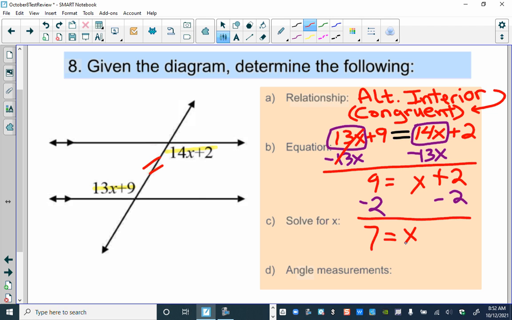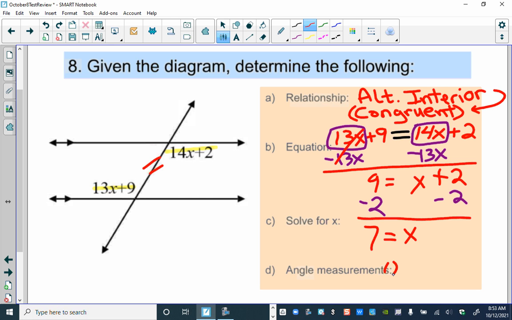Now, given x is 7, did anybody find the angle measurement? So it's not both. I should have put the s in parentheses, because since they're both congruent, you only need 1. Anybody try to figure out what that angle measurement was? It says 100.